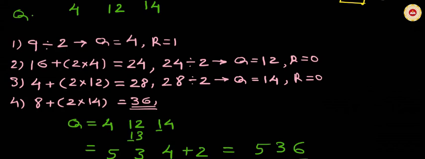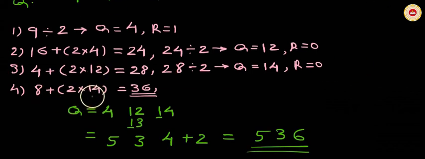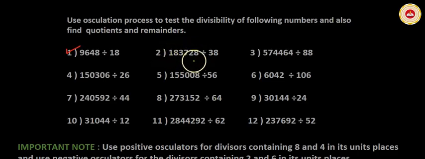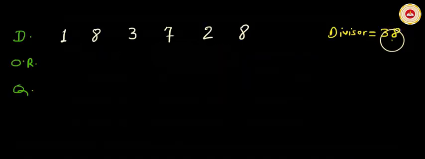Please pause the video and write these 4 steps, and also write the dividend, osculation results and quotient. And also write how we calculated the positive osculator. Second example, 183728 divided by 38. There is 8 in the units place.